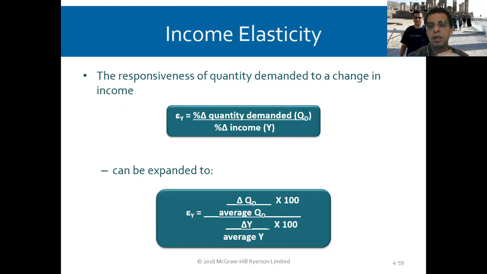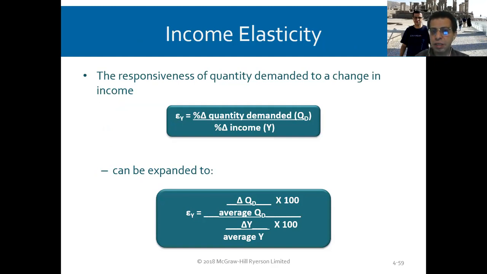Now here is what we call income elasticity. Sometimes when your income increases, you become willing to purchase more of the same product, even as the price goes high.